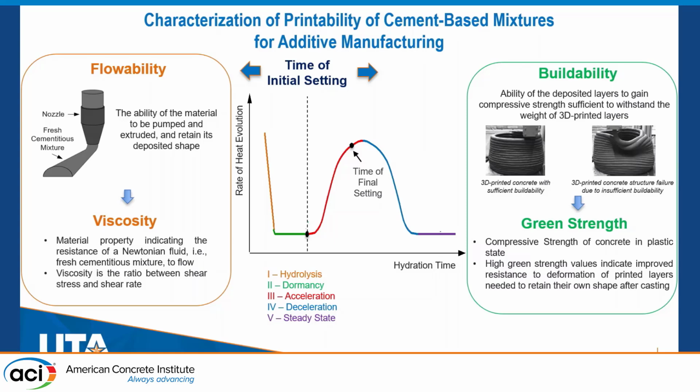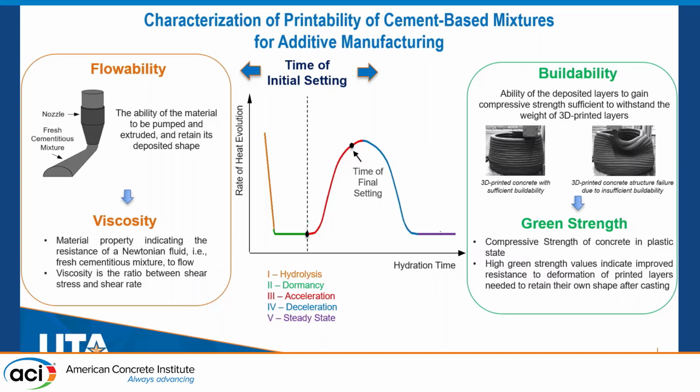Except for regular concrete, we know that for a 3D printing concrete, we need a rapid setting, so the layers can be very quickly deposited and attain an acceptable strength, the already known green strength, so the next layers can be properly placed on the structure.